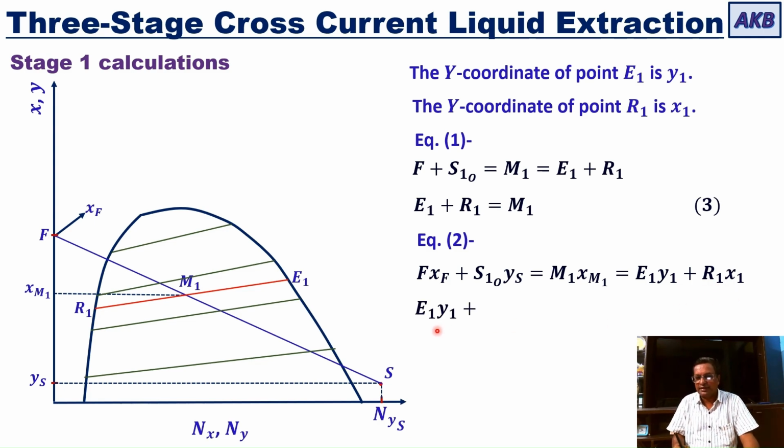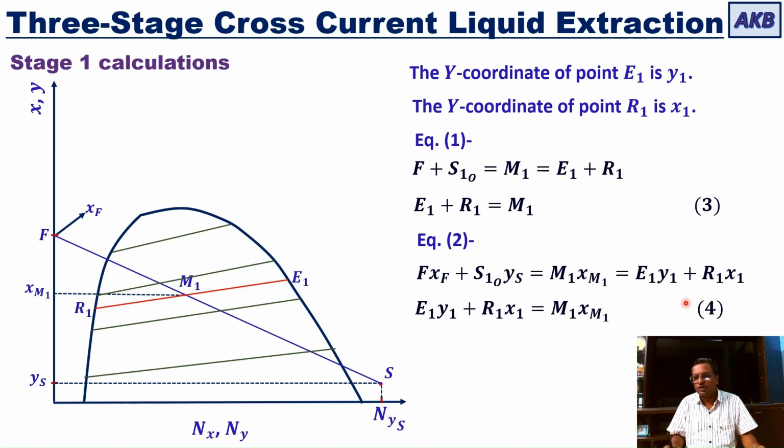So I can write E1 into y1 plus R1 into x1 is equal to M1 into XM1, and I am calling it equation number 4. In equation number 3 and equation number 4, there are two unknowns: E1, the quantity of extract, and R1, the quantity of raffinate.